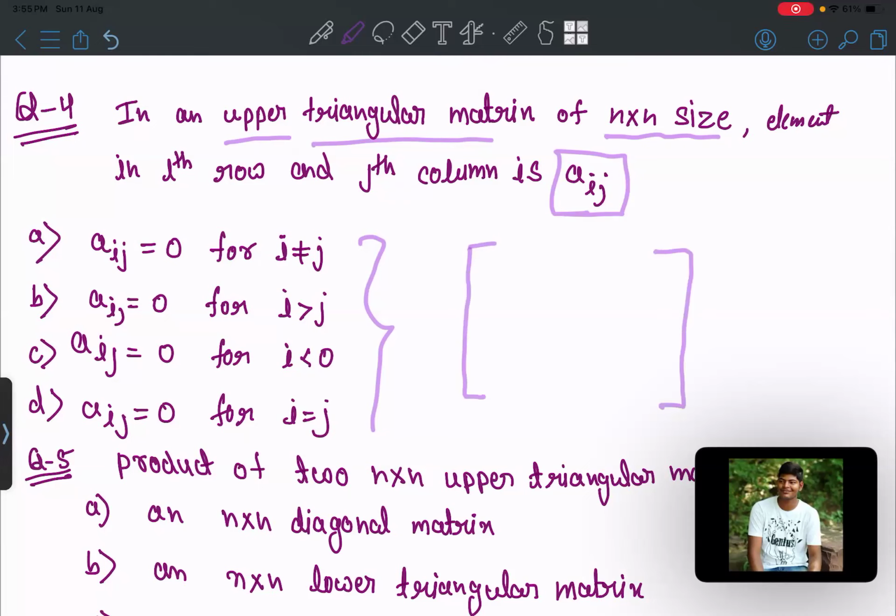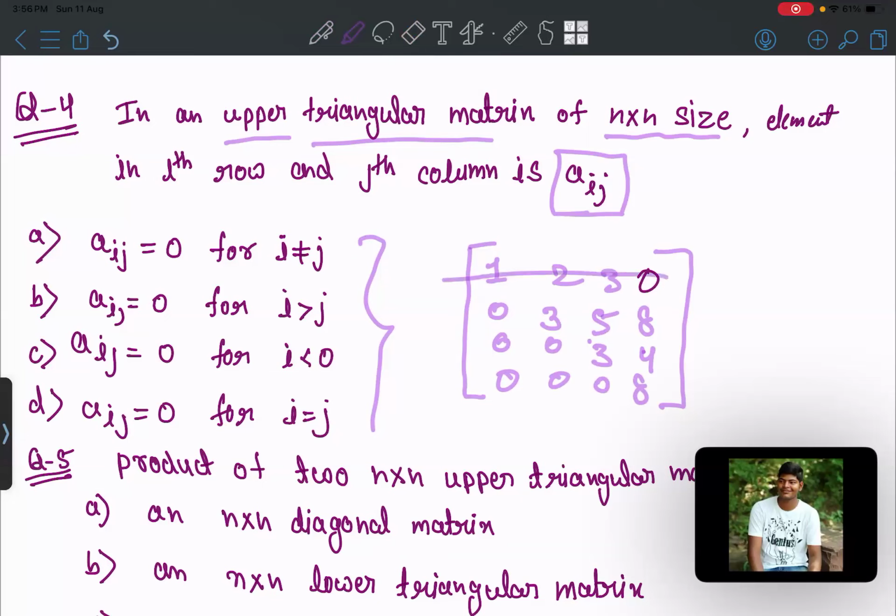Suppose this is my upper triangular matrix: 1, 2, 3, 4, and 0, 0, 0 below.